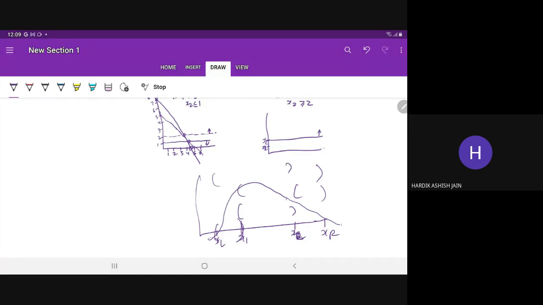So how do we decide which interval we should consider in the next iteration?